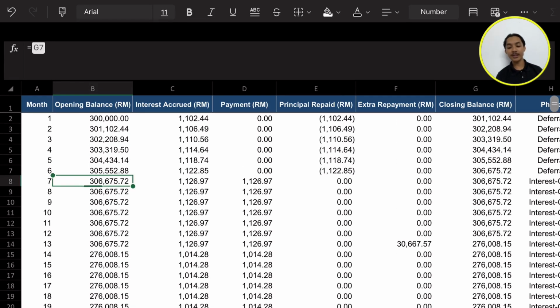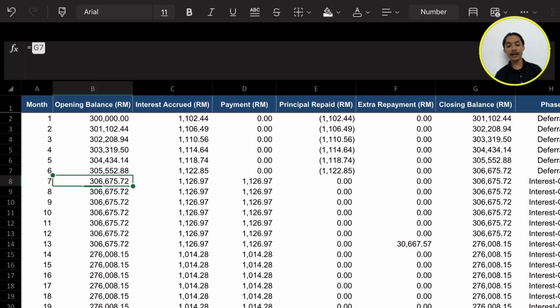For part 2, the full 360-month amortization schedule is on the Q1 normal schedule tab, and it closes to exactly 0 in month 360.